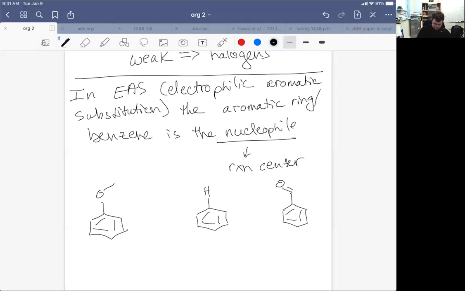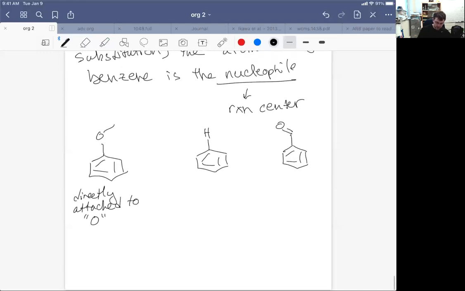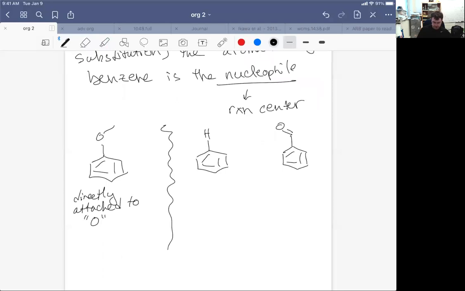So what we have here is we have directly attached O. What I want you to recognize that as is a benzene with an electron donating group.